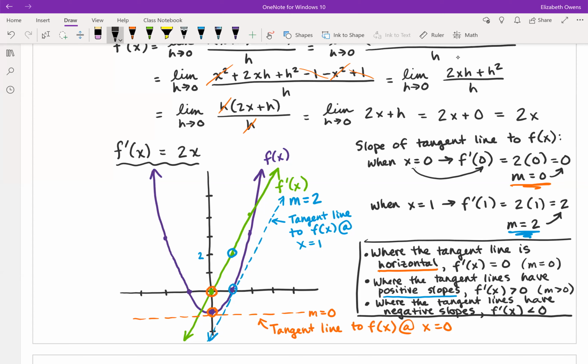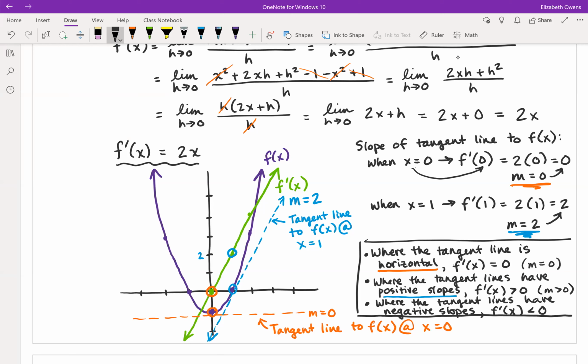A tangent line with a negative slope would look something like this. That comes tangent to our parabola at this point right here, and it has a negative slope. If you look on the green derivative function, you can see that at this x value, the derivative function would be down here somewhere with a negative y value. So a negative y value on the derivative function corresponds to a negative tangent slope.